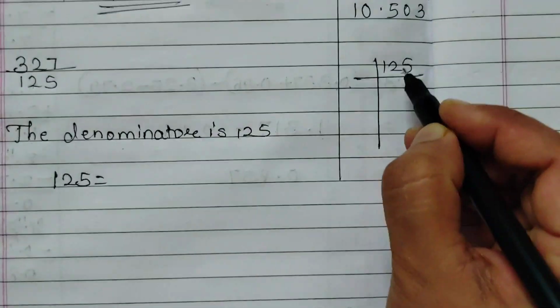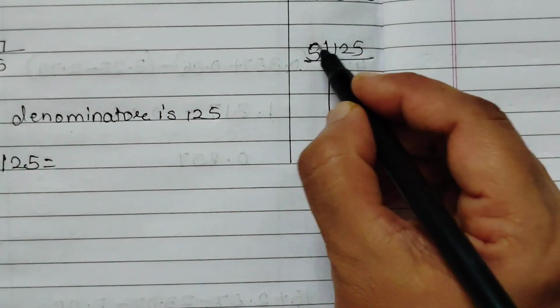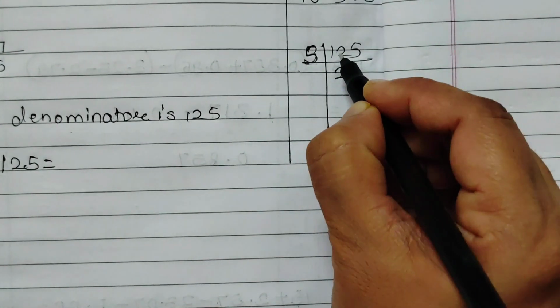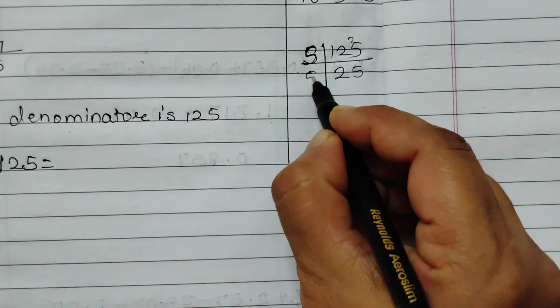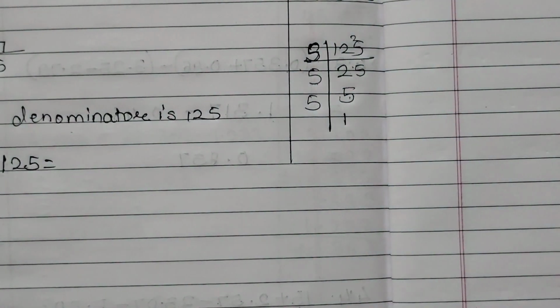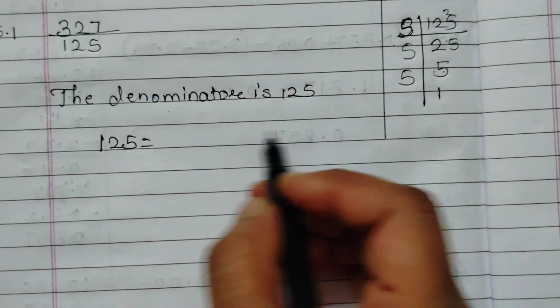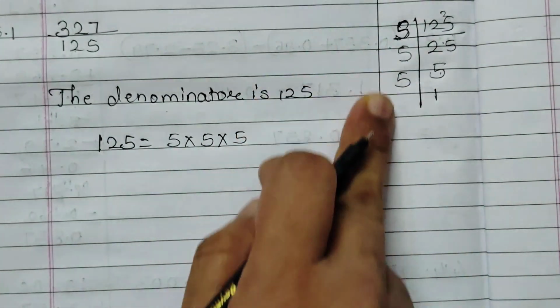See, factors of 125. By the 5 table we are going to take out. Okay, 5 2s are 10, 2 carry, 5 5s are 25, 5 5s are 25, 5 1s are 5. So what we got? 5 into 5 into 5. See this.